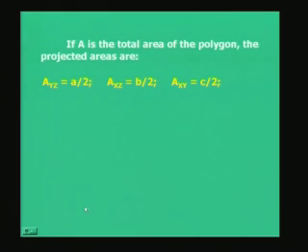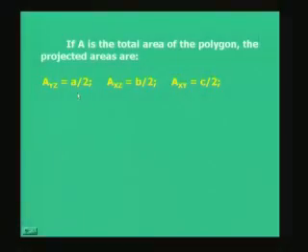So, if A is the total area of the polygon, this is a new concept which you can keep in mind, then the projected areas of the polygon on the respective orthogonal planes are given as follows.